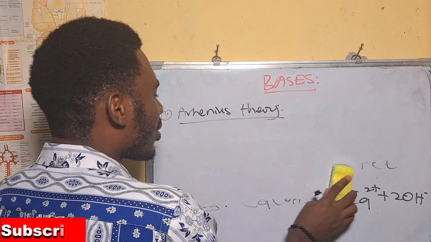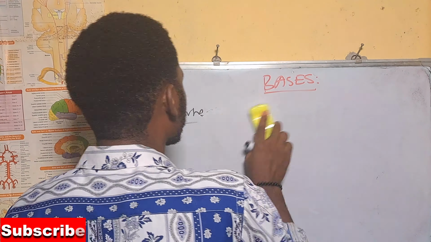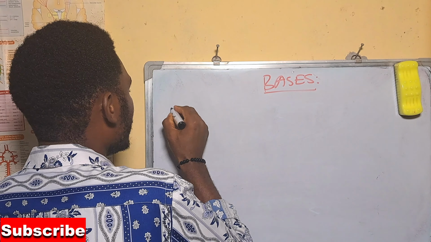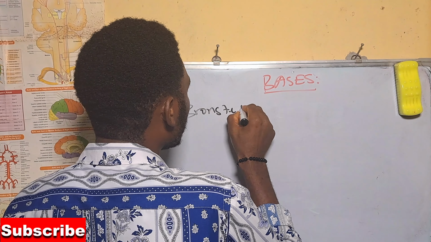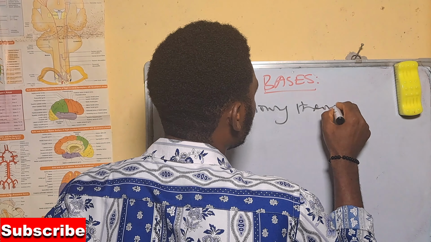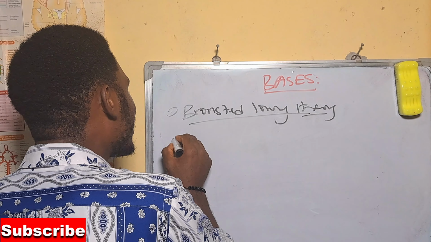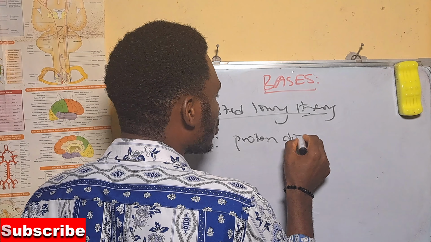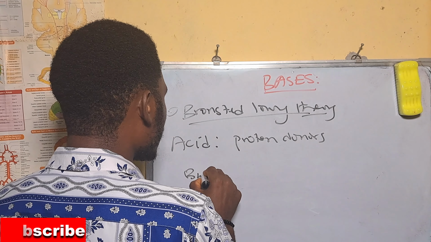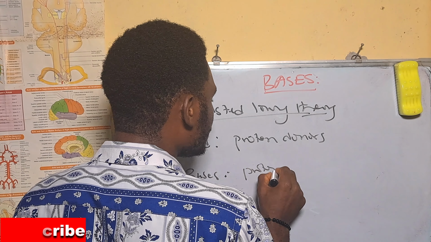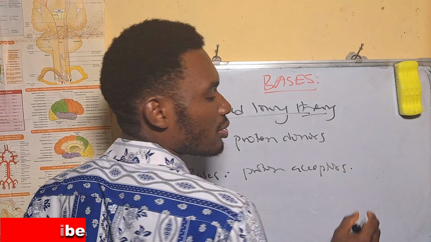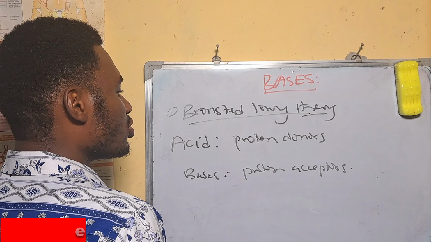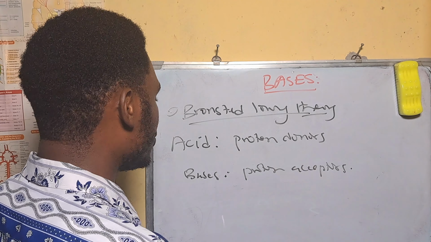Nice. So our second theory is the Bronsted-Lowry theory. He explained acids as being proton donors and bases as being proton acceptors. So I'm going to give you an equation to explain this theory now.